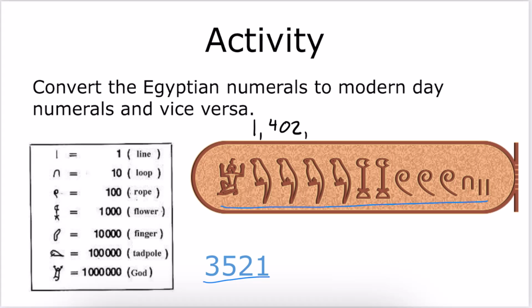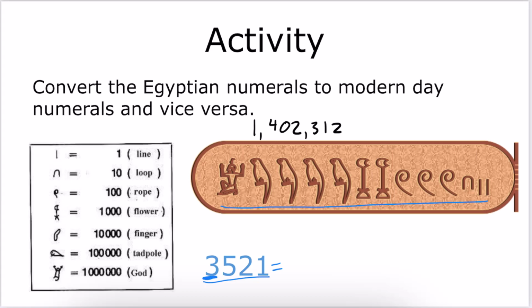And I have 3 ropes, which would represent 300, and a loop, which represents 10, and 2 ones. And so the correct number in our modern day numeral system for this Egyptian numeral would be 1,402,312.